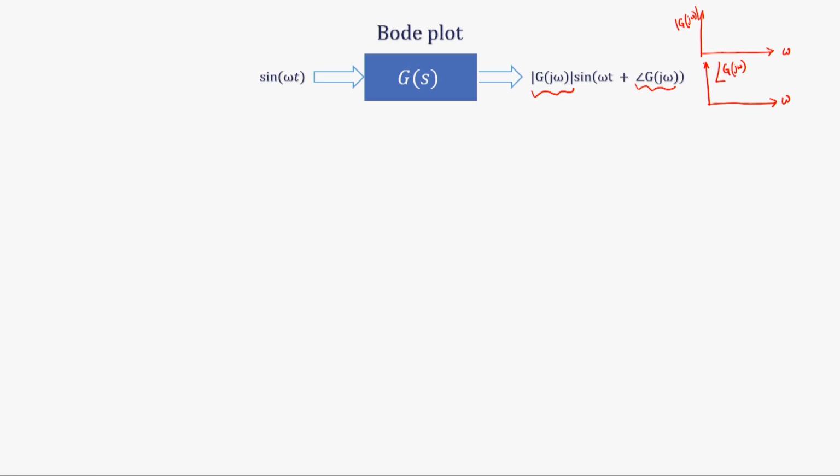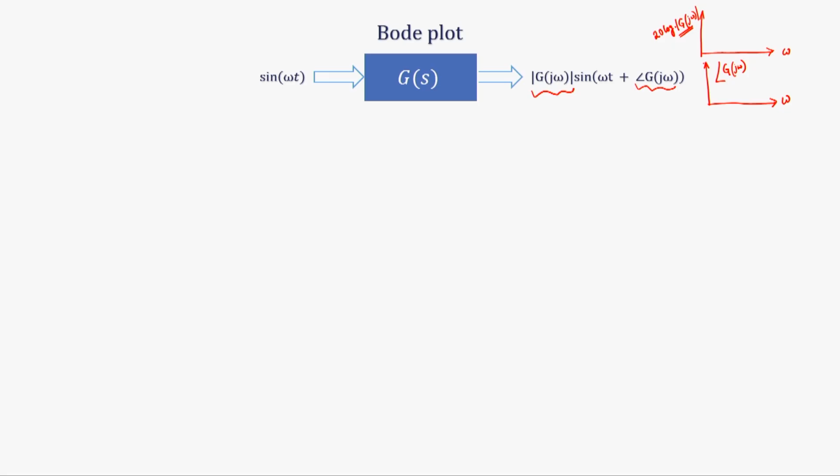Now, in case of Bode plot, there is a slight change in the plot. Instead of plotting the magnitude directly, we generally plot 20 log of mod of G j omega, and this is known as the dB scale. So, the magnitude is written in dB.